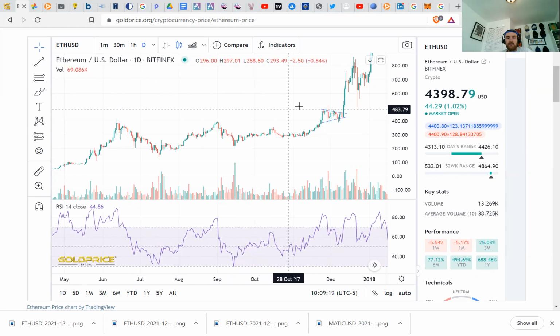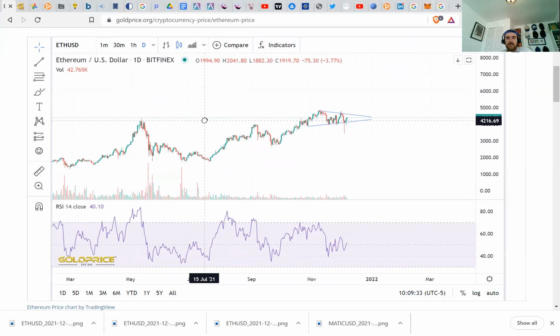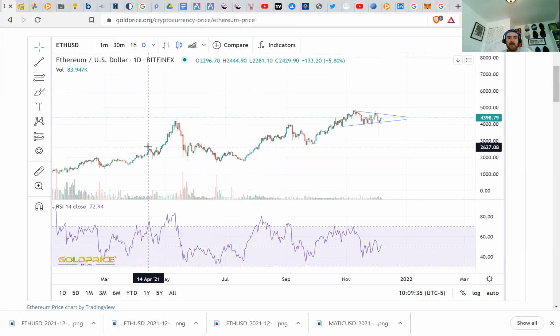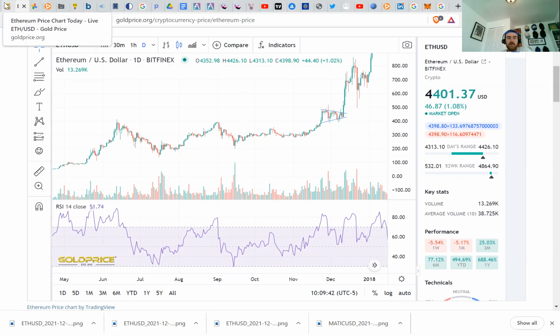Now, we went a little bit farther, in terms of just, we went a little bit lower here. But this whole run up has actually looked very similar. And it's crazy how similar these look. In my opinion, we have these double peaks, and we can even look at it on the weekly, and it's also similar.